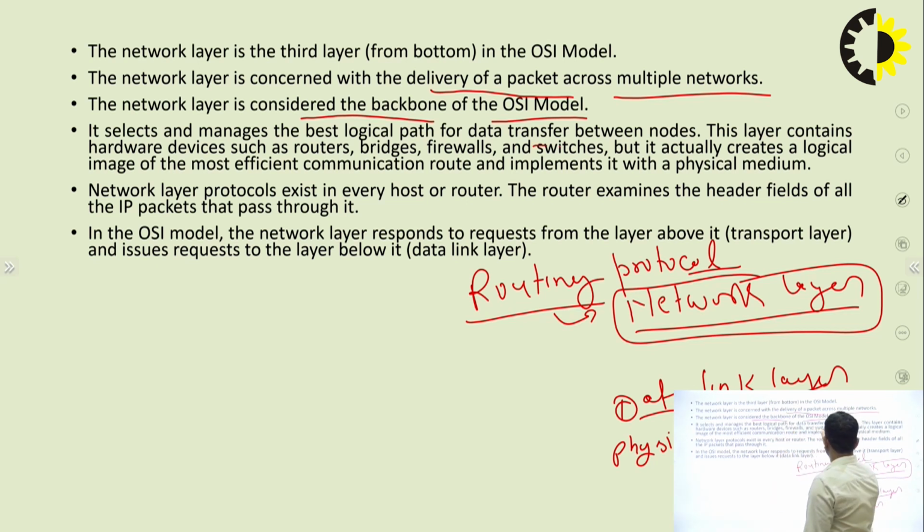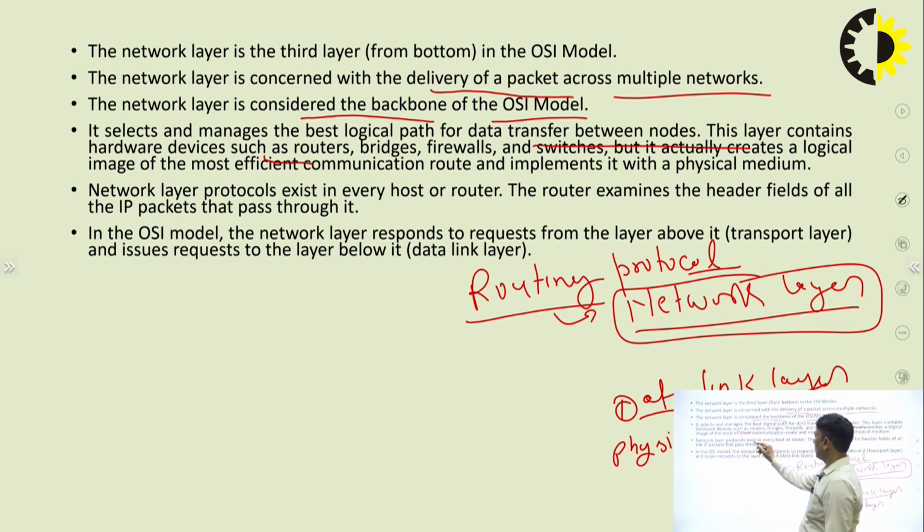This layer contains hardware devices like routers, bridges, firewalls, and switches, but it actually creates a logical image of the most efficient communication route and implements it with a physical medium.